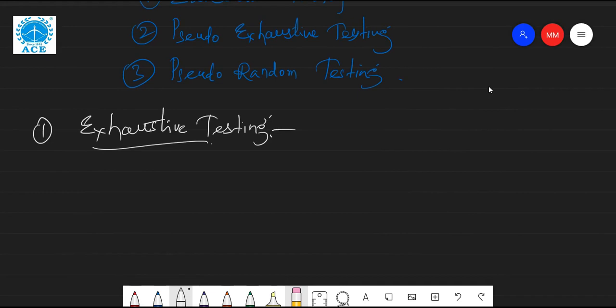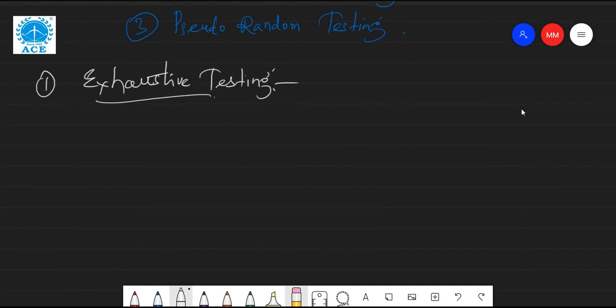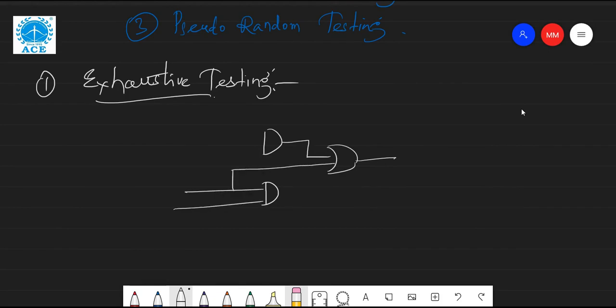Suppose I have a circuit with one OR gate, any circuit. A, B, C, D are the inputs, and outputs are Z, Y. Suppose this is my design circuit.